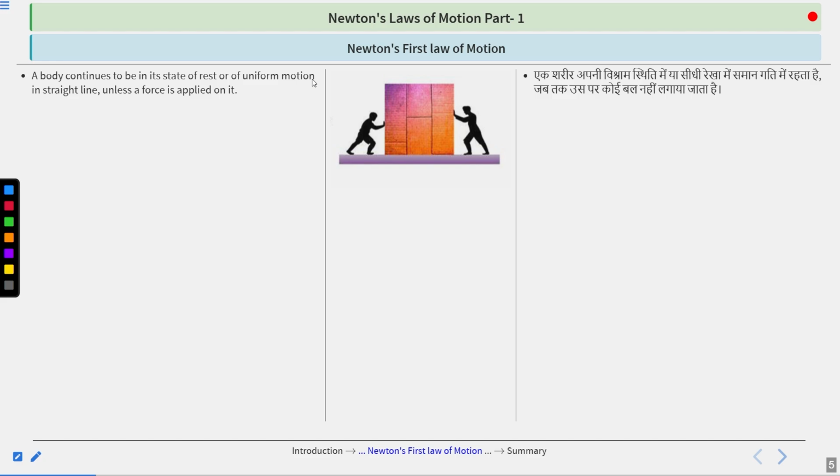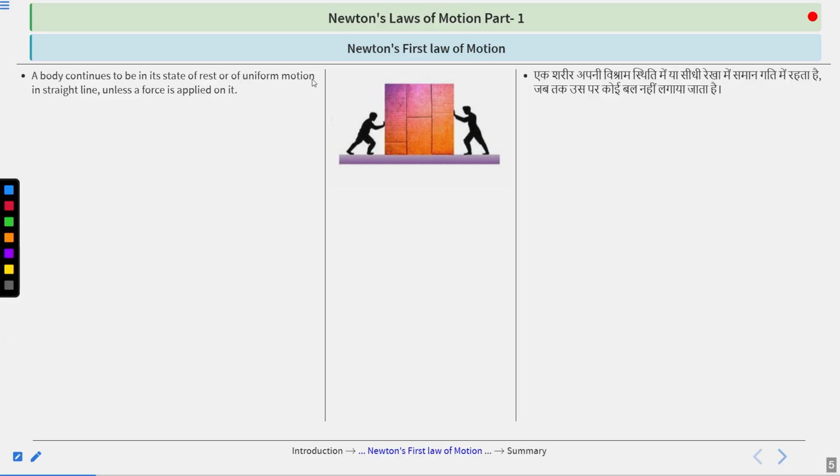Second, he said, if instead of resting, a body is in a state of uniform motion, that body will continue its uniform motion unless an external force is applied on it, so that the moving body must change its state of movement. Okay, that was his first law.